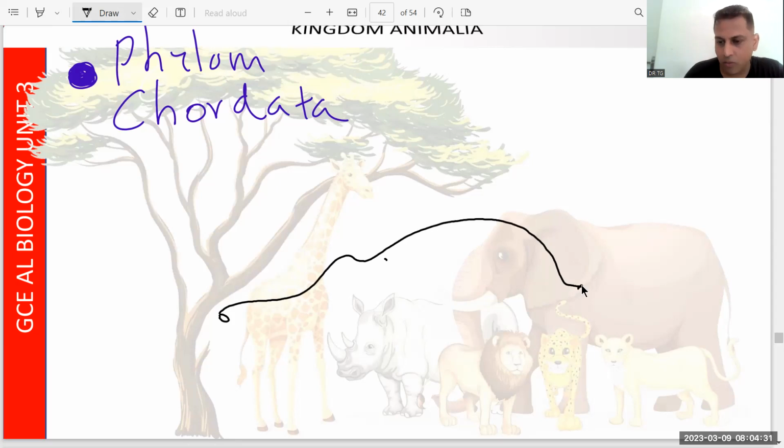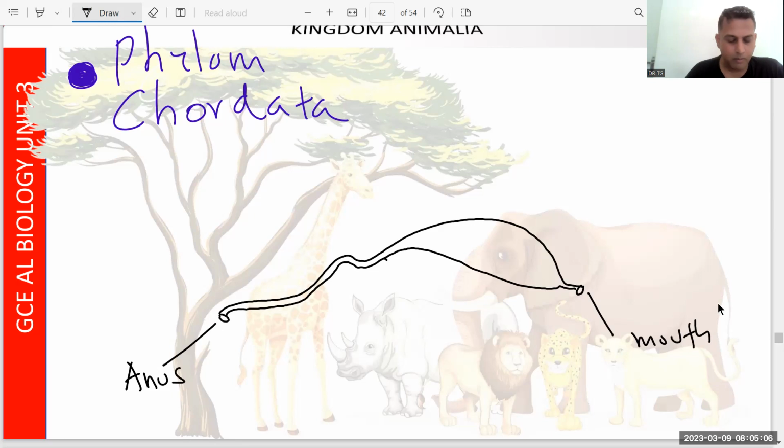And this opening later developed and represents the mouth. This is going to represent the digestive system. So I label this anus, mouth.